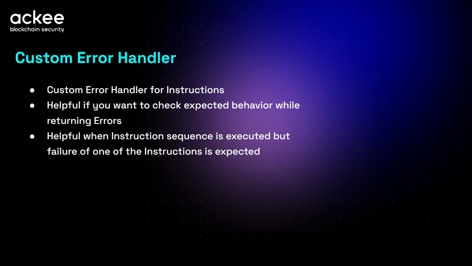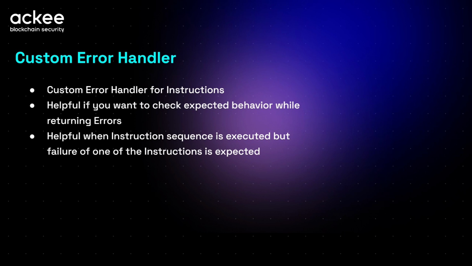If you want to check expected behavior while returning errors, the error handler contains the error returned from the instruction, the accounts sent to the instruction, and also the instruction data.